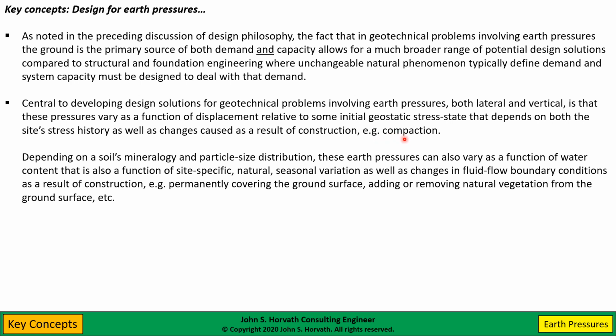We can have further complications because, depending on a soil's mineralogy and particle size distribution, these earth pressures can also vary as a function of water content. And this variation tends to be site-specific, natural, seasonal, as well as changes in the fluid flow boundary conditions as the result of construction.